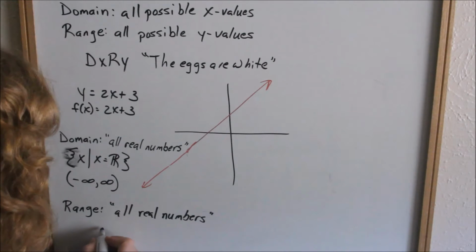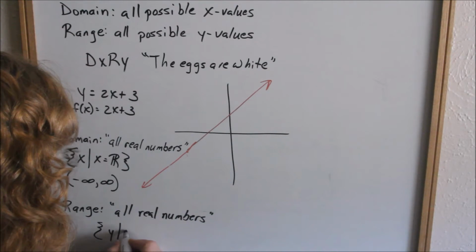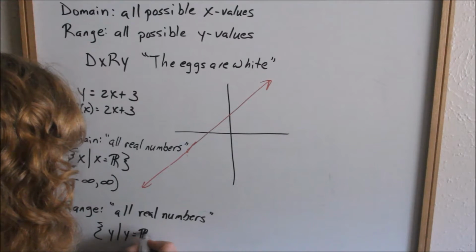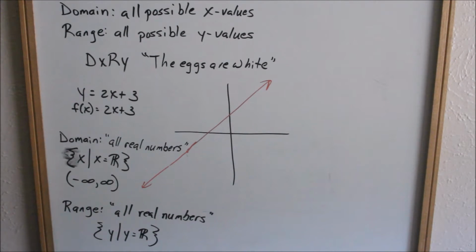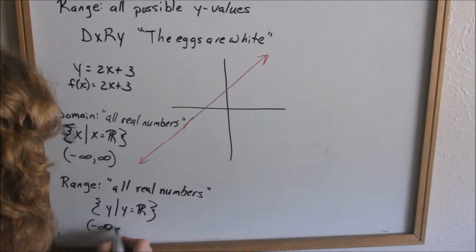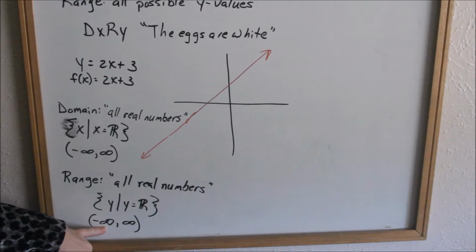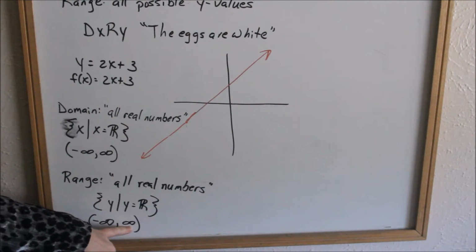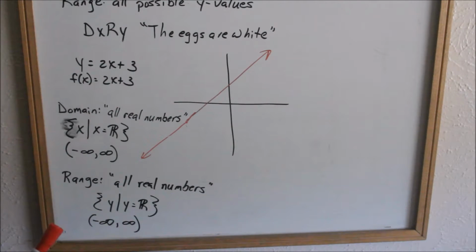Again, you might see it in set notation form, y such that y equals all real numbers, or you might see the words all real numbers, or you might see it as, again, negative infinity to positive infinity, meaning you can have negative y values going down the y-axis and any positive y coordinate going up the y-axis.